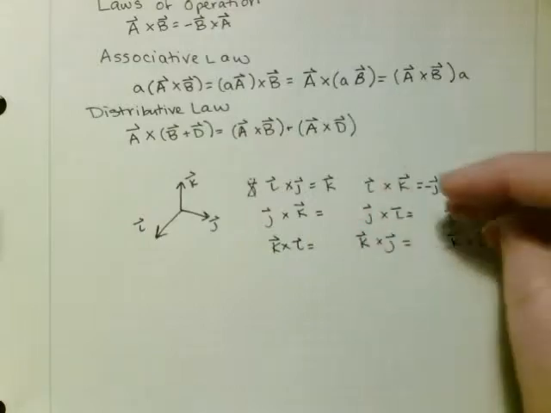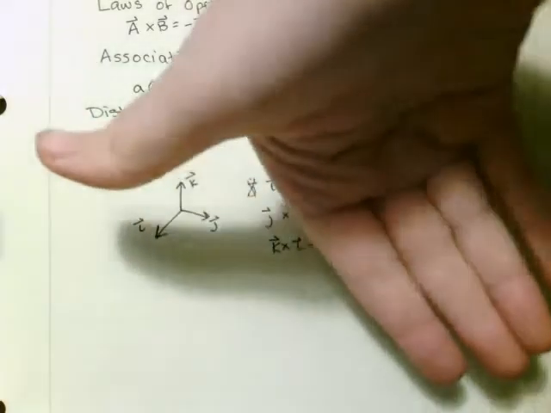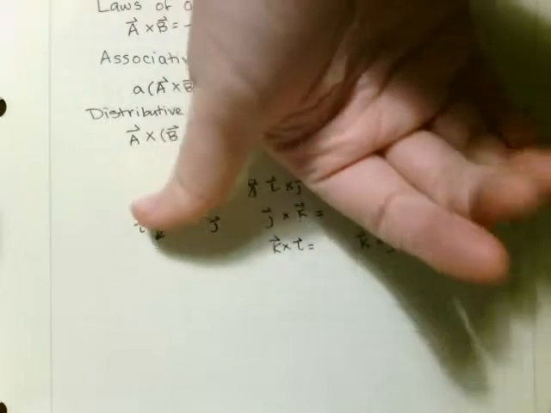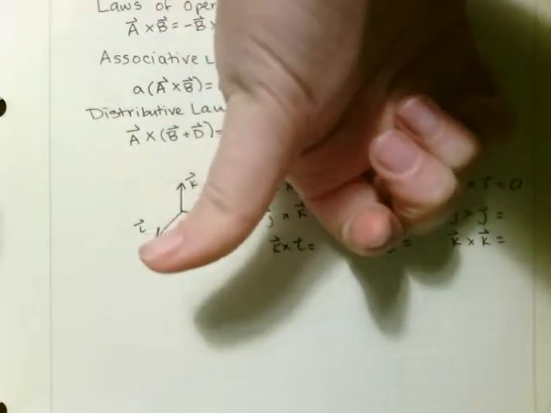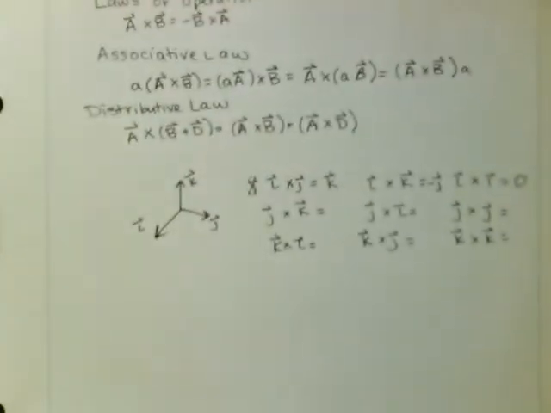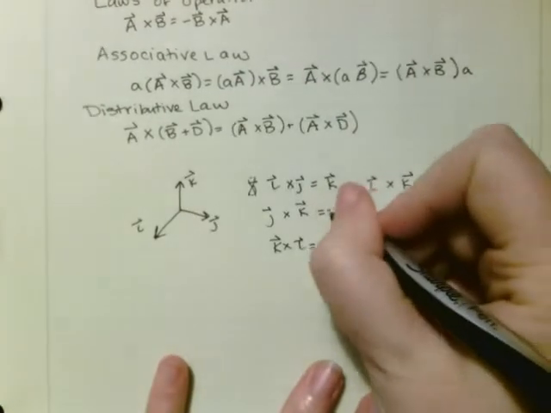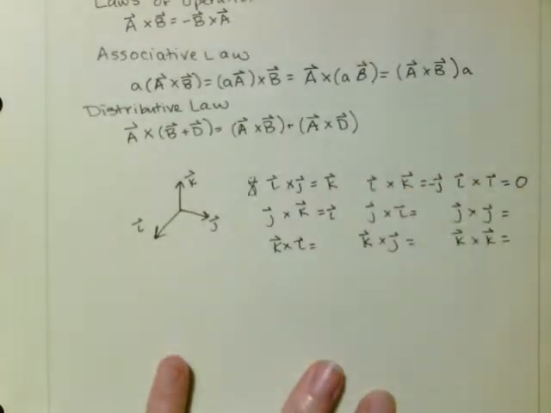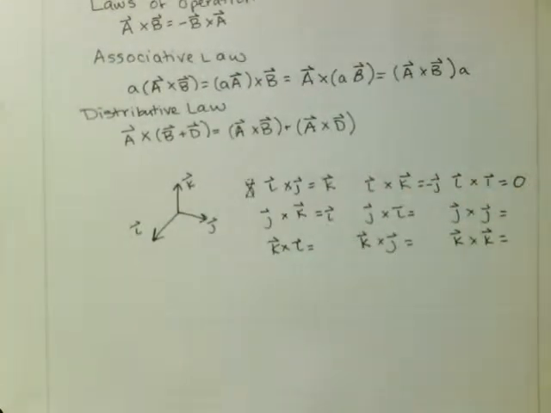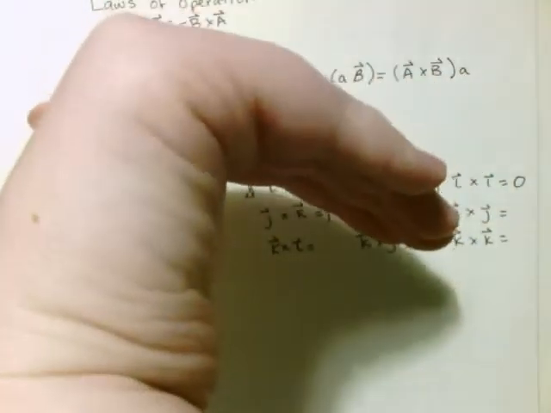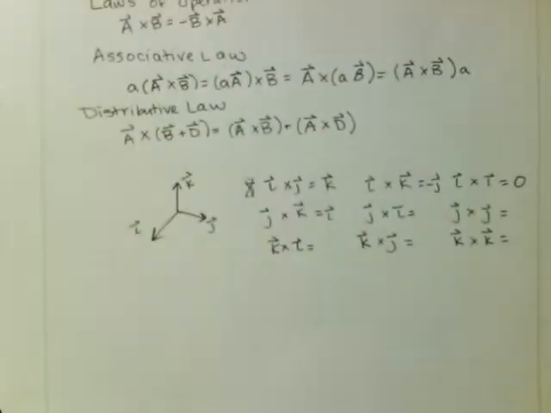So let's look at J cross K. You point your fingers in the direction of J, curl towards K, and my thumb would be pointing in the direction of I. Okay, now we've got J cross I. So if we point our fingers in the direction of J, curl towards I, our thumb is into the page, so that's negative K.